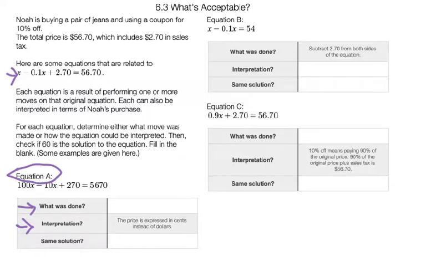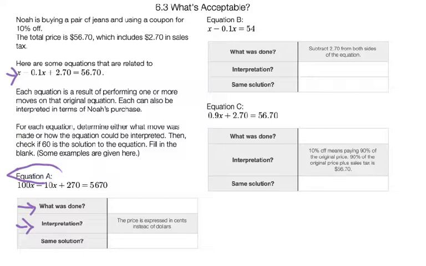Each can also be interpreted in terms of Noah's purchase. So let's take a look. For each equation, determine either what move was made or how the equation could be interpreted. Then check if 60 is still the solution. And we're supposed to fill in the blanks. All right, so let's take a look at this first one.